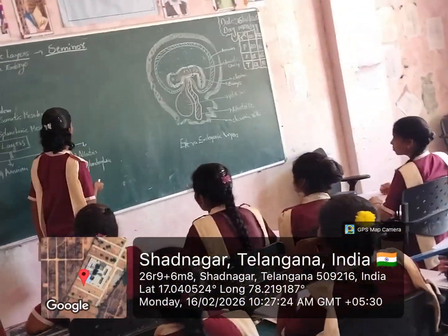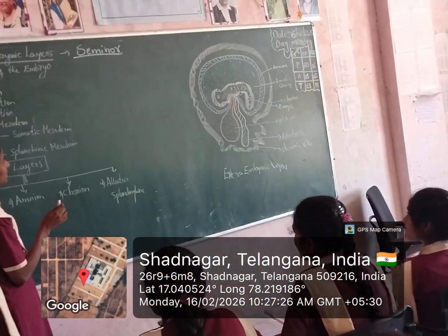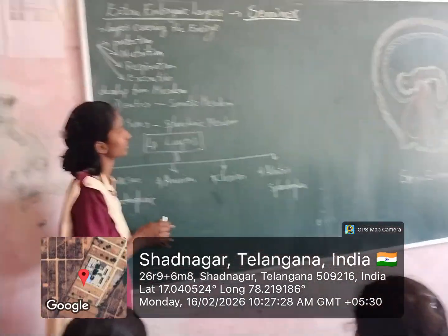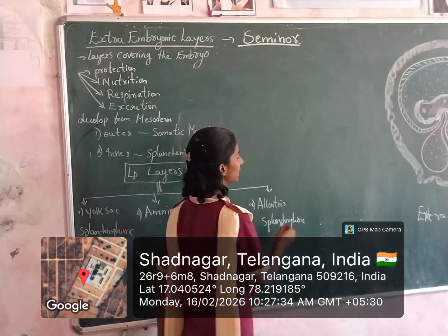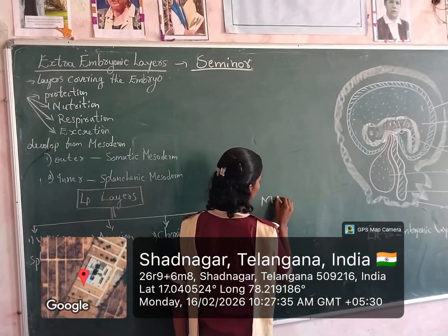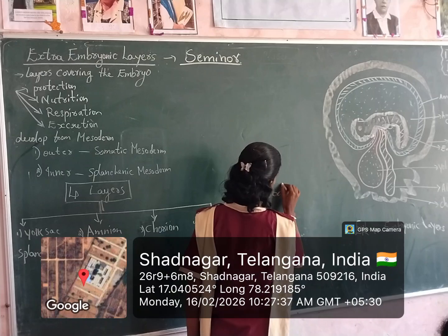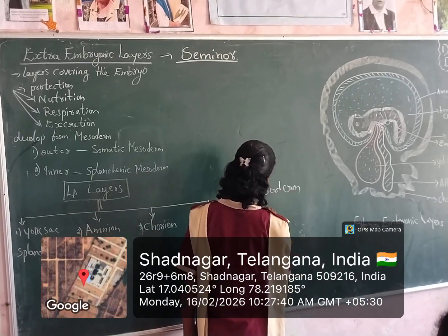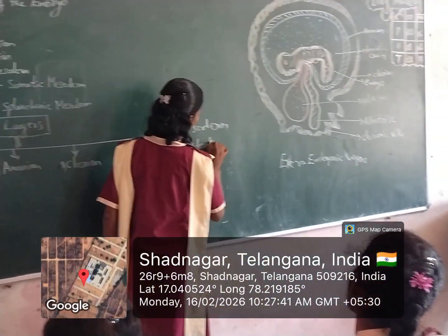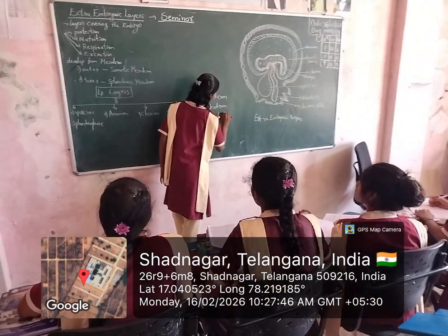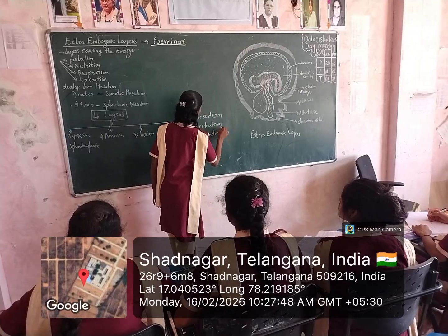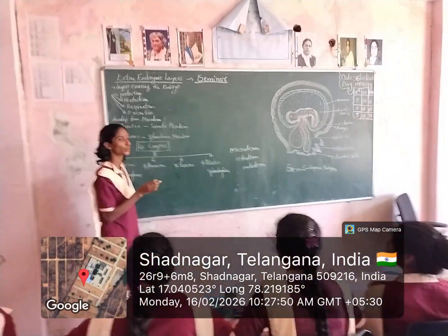Okay. So first, these embryonic membranes are formed from mesoderm. The embryo has three germinal layers: mesoderm, ectoderm, and endoderm. So mesoderm is divided into two layers.